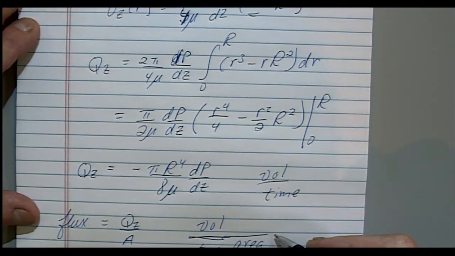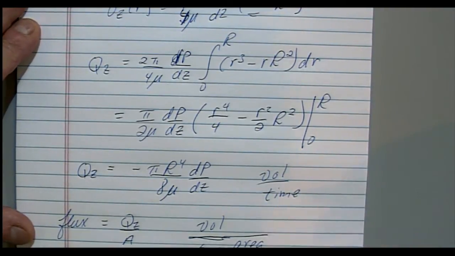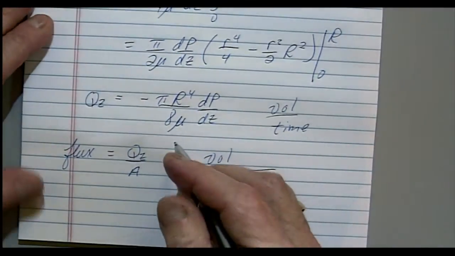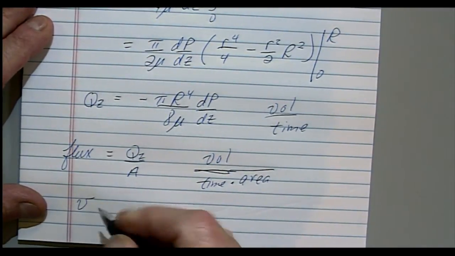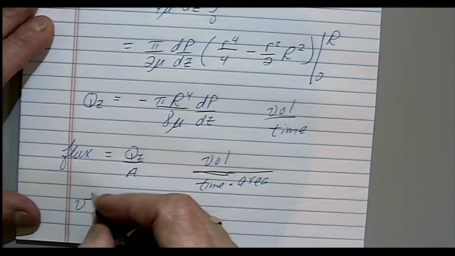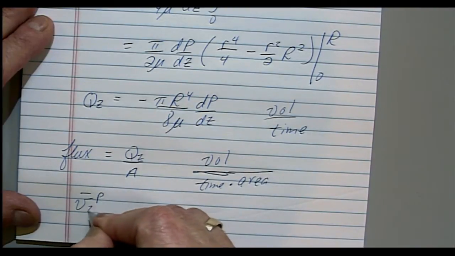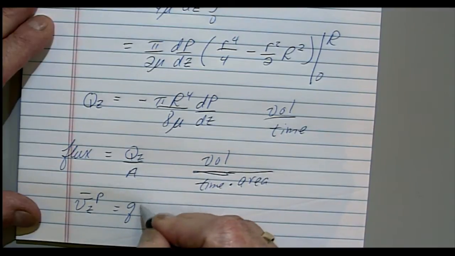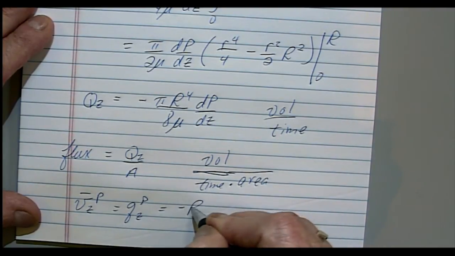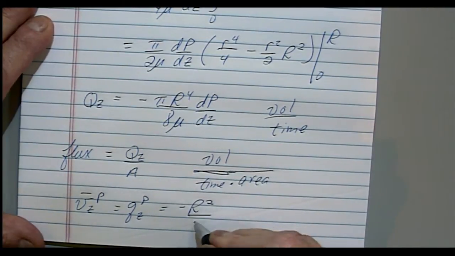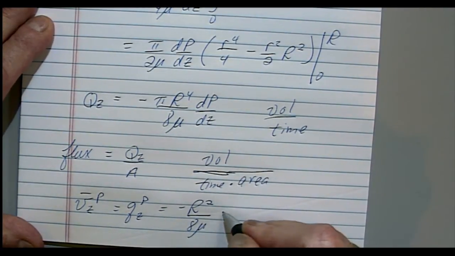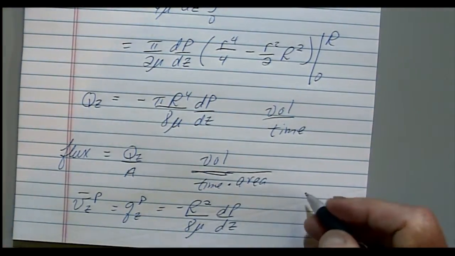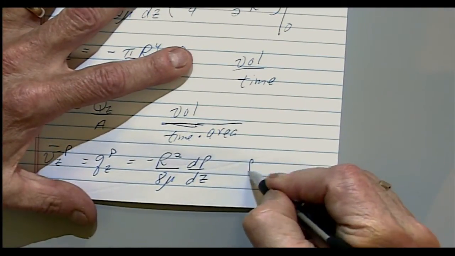And so the velocity in the pipe in the z direction, the mean velocity, is just equal to the flux in the pipe in the z direction. It's just equal to minus r squared over 8 times the viscosity times the pressure gradient. Okay, so this is for a single pipe.